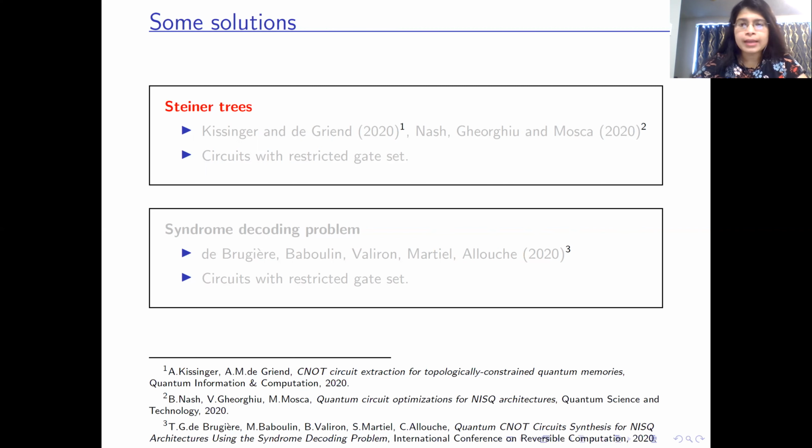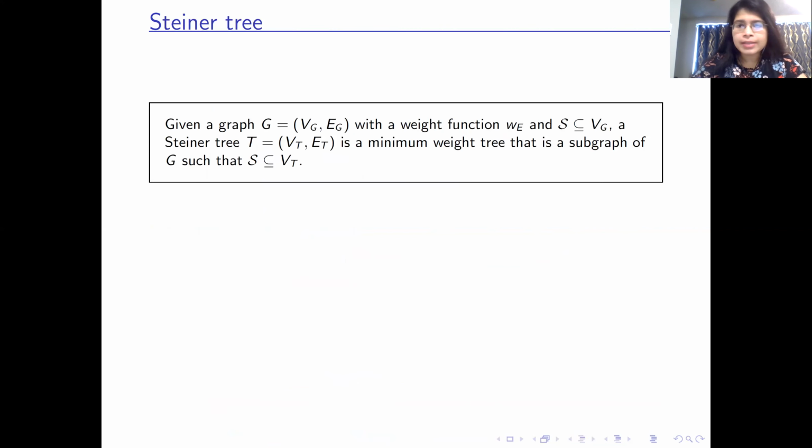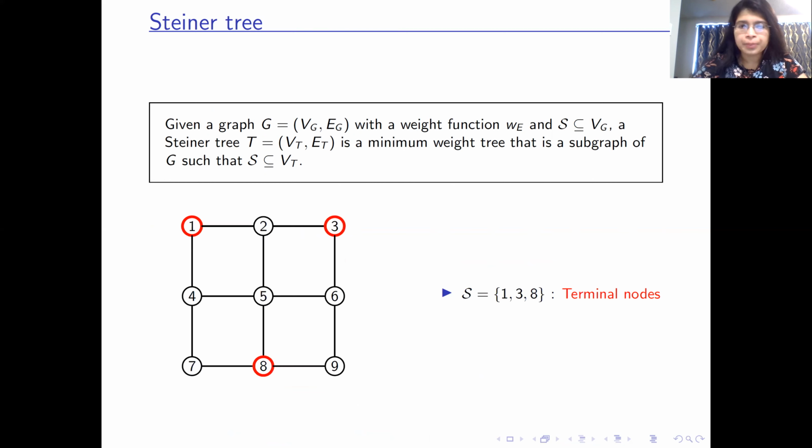We follow the Steiner tree approach. So what is a Steiner tree? Given a graph with a weight function and a subset S of the vertices, a Steiner tree is a minimum weight tree that is a subgraph of this graph, such that S is a subset of the vertices of this tree. For example, in this graph, I have highlighted this set S, which we call the set of terminal nodes, in red.